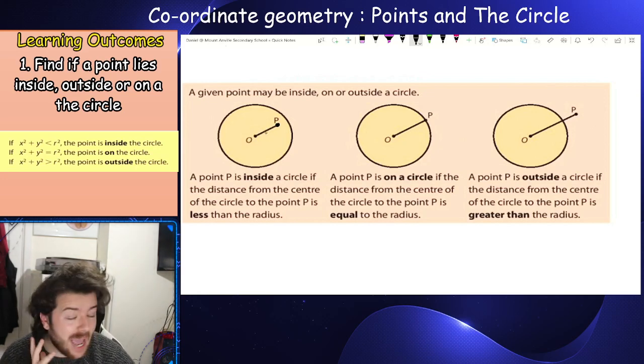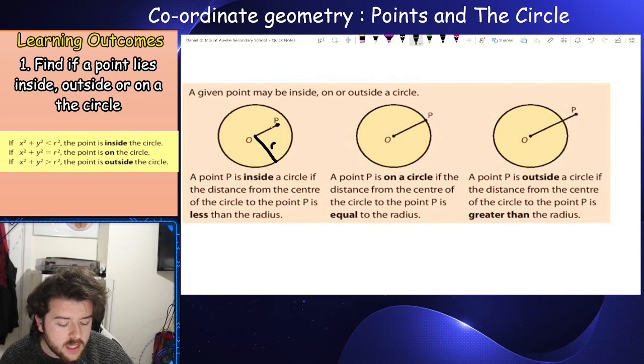Something we know about circles is that the distance from the center of a circle to the circumference is called the radius. Look at these two lines here. From the center to the circumference, the length is equal to the radius.